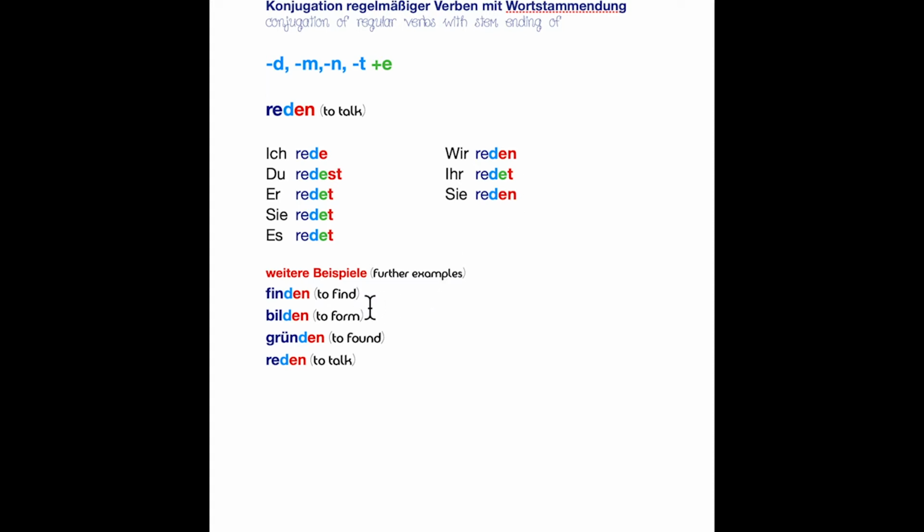And those words are finden, to find, bilden, to form, gründen, to found, and reden, to talk. So as you see, your word stem is find, your word stem here is bild, your word stem here is gründ, and your word stem here is red. Okay, so that is for you to practice.